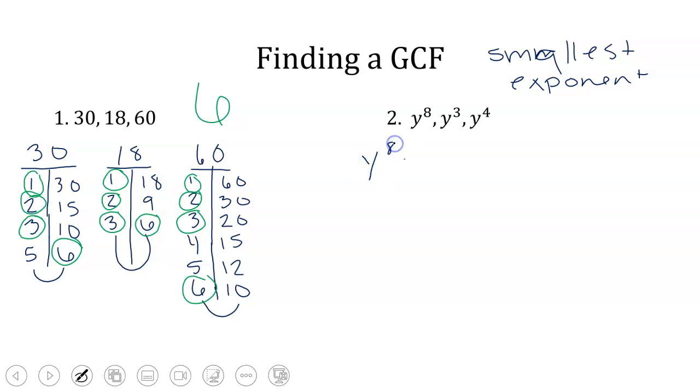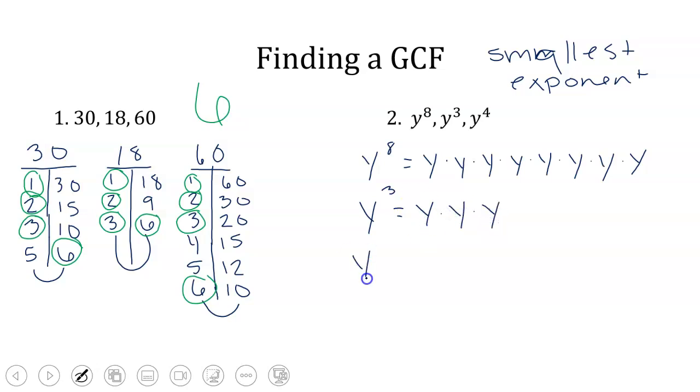So y^8 is really 1, 2, 3, 4, 5, 6, 7, 8. And then y^3 is 1, 2, 3. And then y^4, 1, 2, 3, 4.